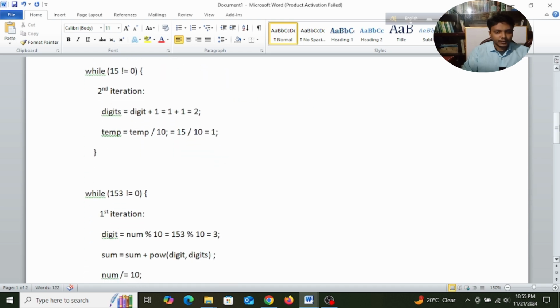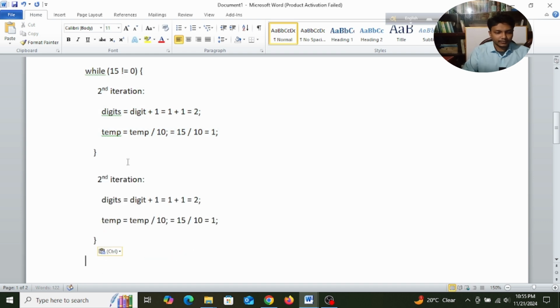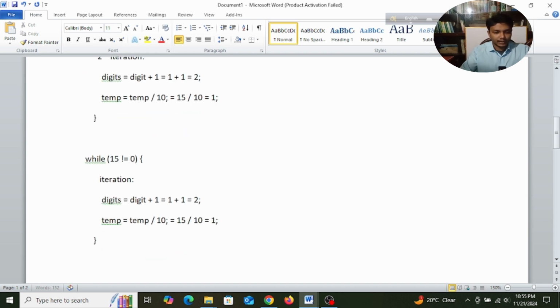I'm sorry guys, I just erased that for loop. So this was our third iteration, and this was 2 plus 1, 3. This was 3, and we had 1 here, and we had 1 divided by 10 equals 0, right? So we had 3 digits.